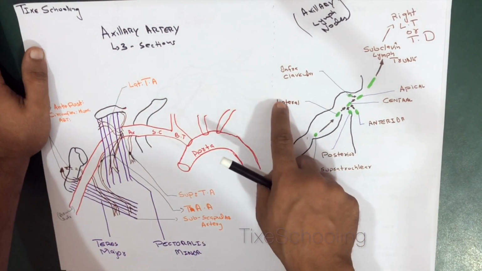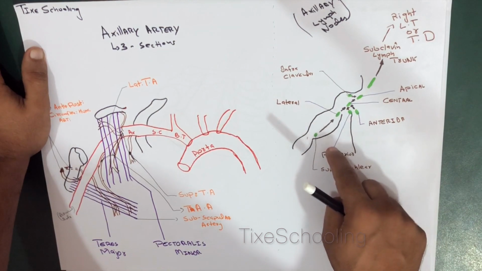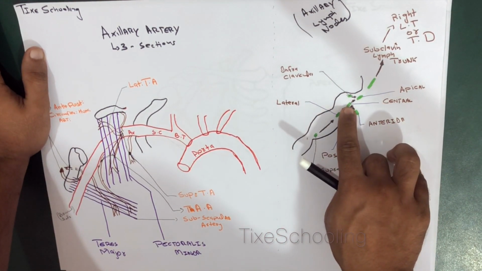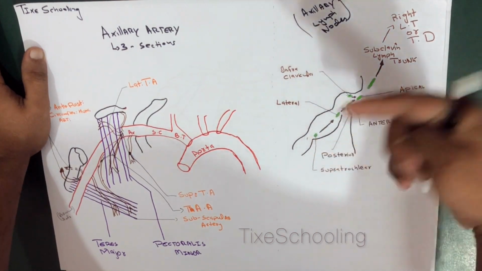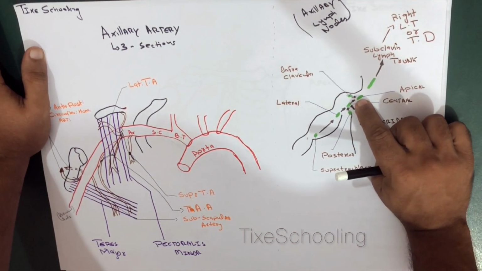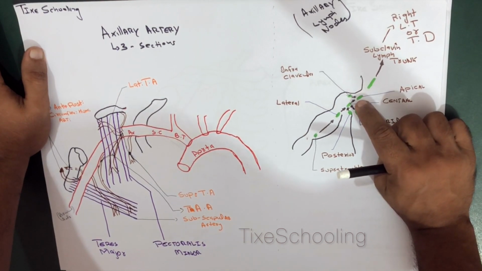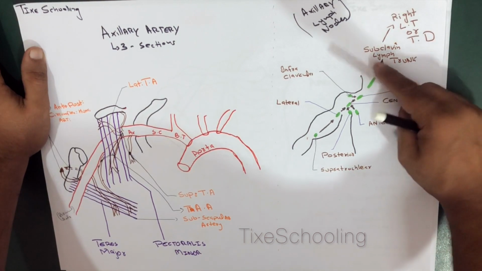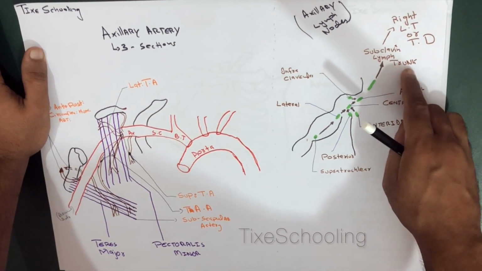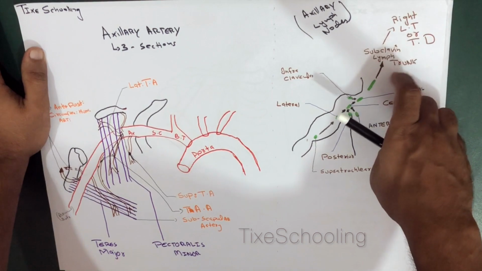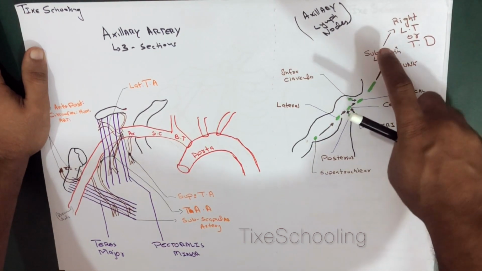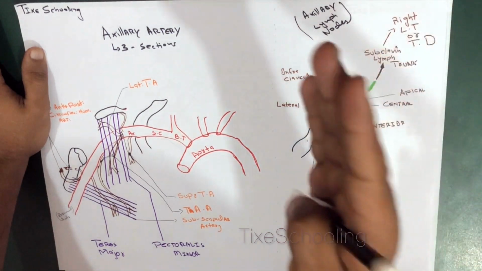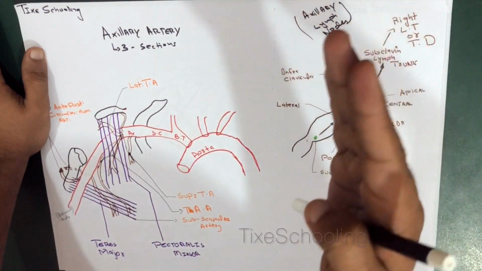The central group is finally going to end into the apical group, and from the apical group it will move upward and drain into the subclavian lymphatic trunk. And finally, this subclavian lymphatic trunk is going to drain into the thoracic duct if it is on the left side of the body.